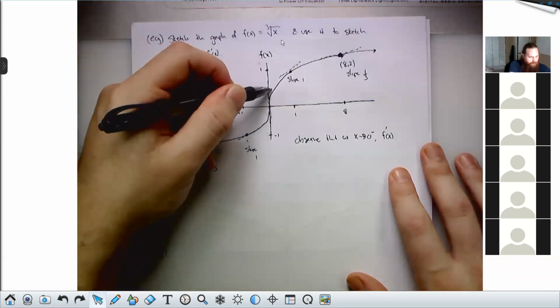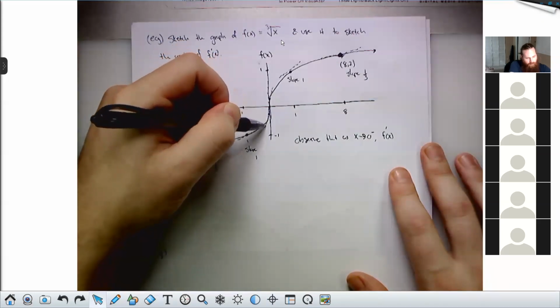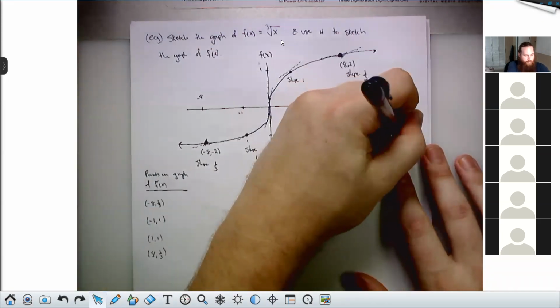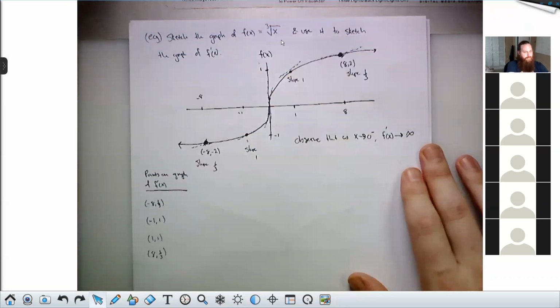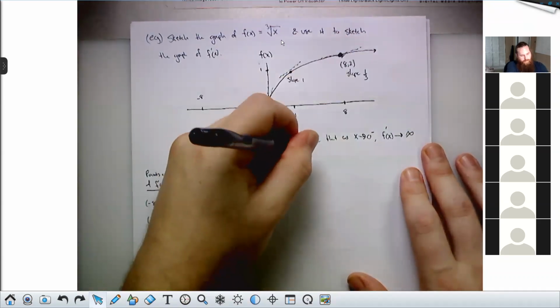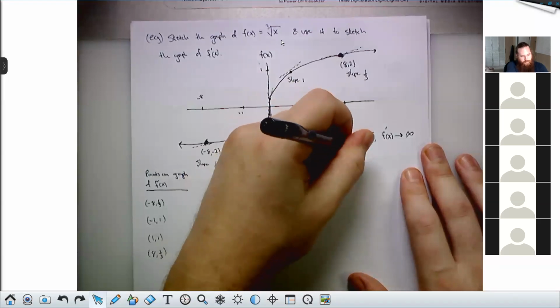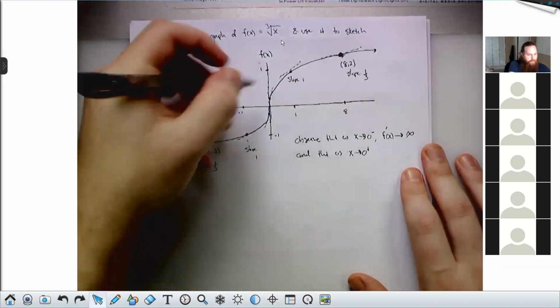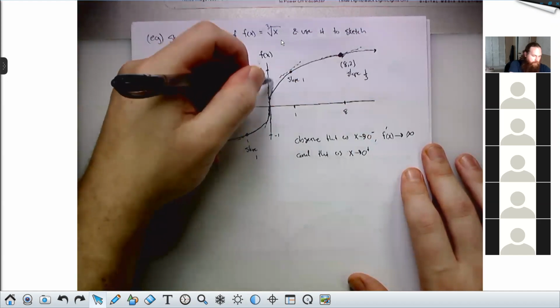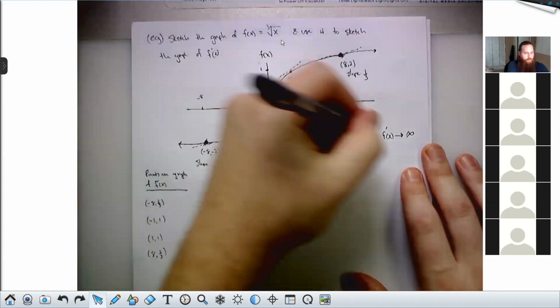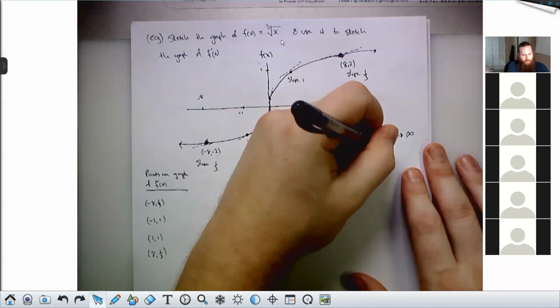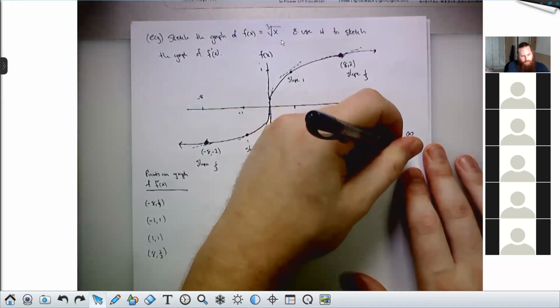But just to the left of that, down here, I have a very, very large positive slope tangent line. So this is going to plus infinity. And as x goes to 0 from the right, if I look just to the right over here, also large positive slope. So f prime is going to plus infinity there also.